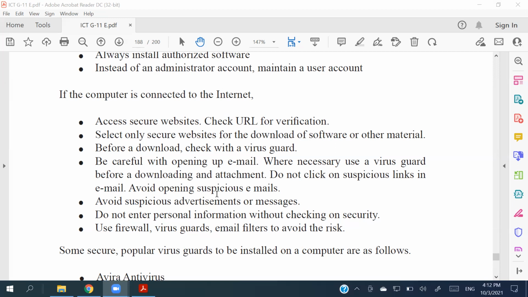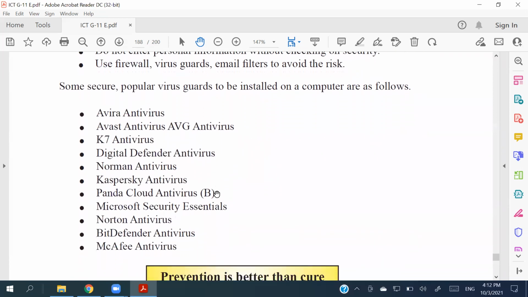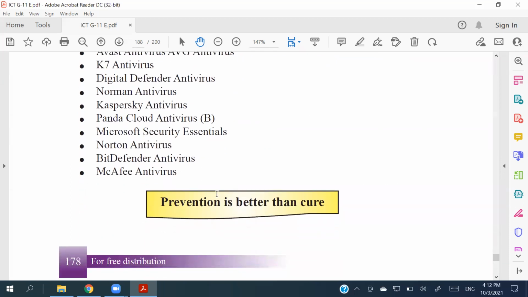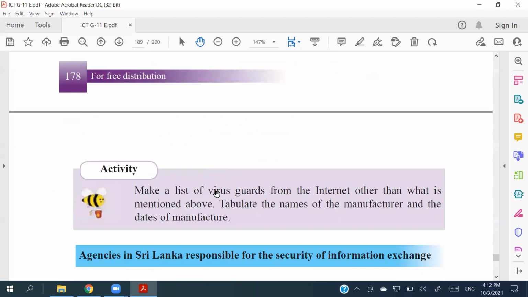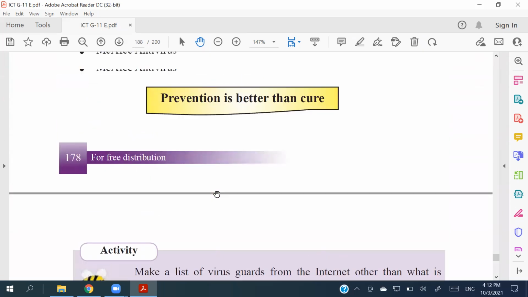So those kinds of things can be taken, and they have shown you some popular antivirus software over here. Most of them you may be familiar with, right? Avira, Avast, K7, Kaspersky, Digital Defender, or Microsoft Security Essentials when it comes to Microsoft, right? So there are many. Yeah, so that is how we are going to get rid of those.